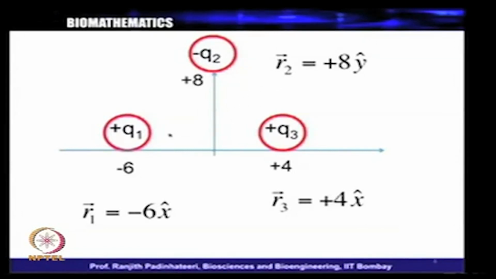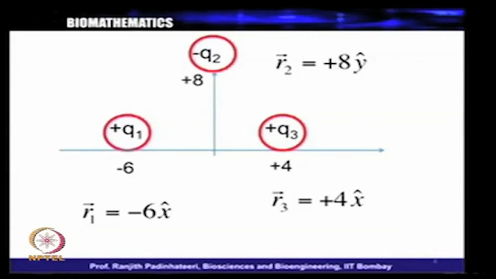We said that r1, the position of the first charge, is minus 6x, r2 is plus 8y, and r3 is plus 4x. We also calculated the distance between the first and second charge, the first and third charge, and the second and third charge.